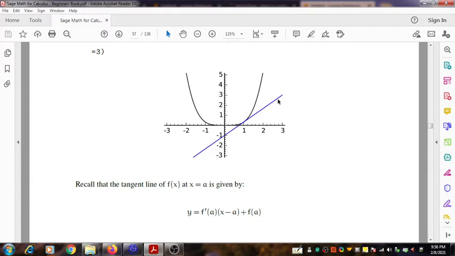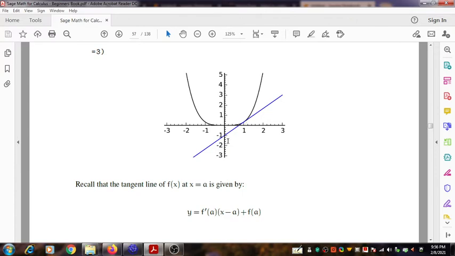This straight line touches the curve at a point. At that point of contact, the given line is a tangent to the given curve.